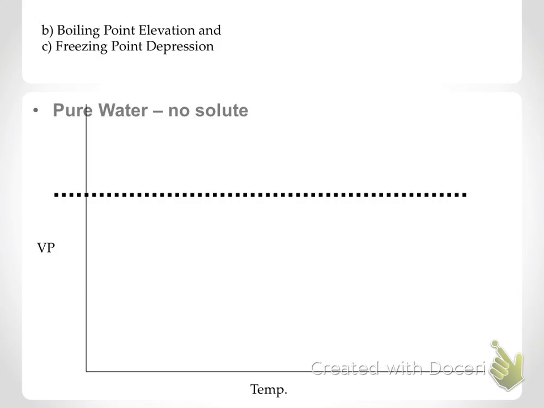is the fact that when I have pure water, again, so no solute in there, and I think about what happens at this boiling point if I change the atmospheric pressure.